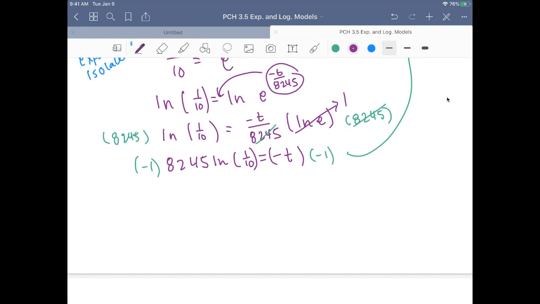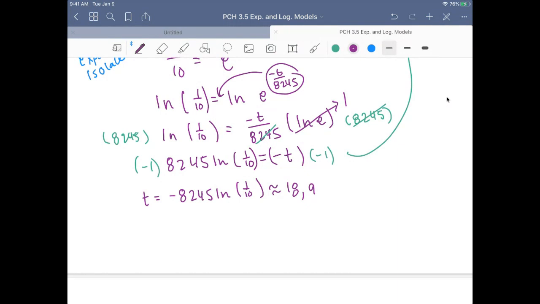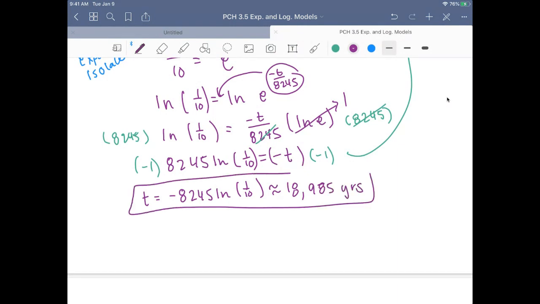So now we have t is equal to negative 8,245 ln of 1 over 10, which is about equal to 18,985 years. And we're going to take a break there, and we're going to start on another video after this.